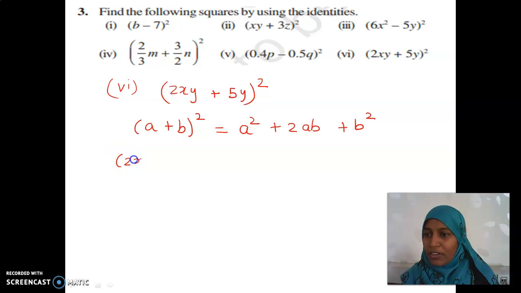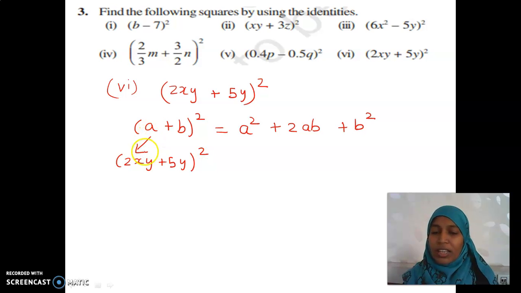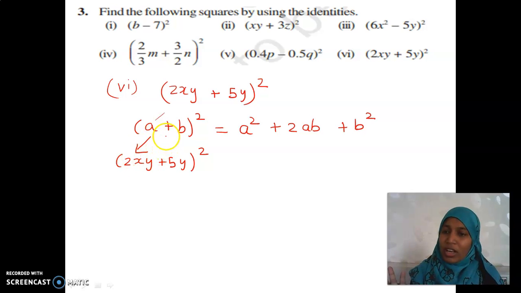Now, I have to find it for 2xy plus 5y the whole square. What is there in the place of a? In the previous problem, I compared with the question on the top, so I marked an arrow mark this way. But here it is down. You can go either way. The only thing is, you should know to identify what is a and what is b.